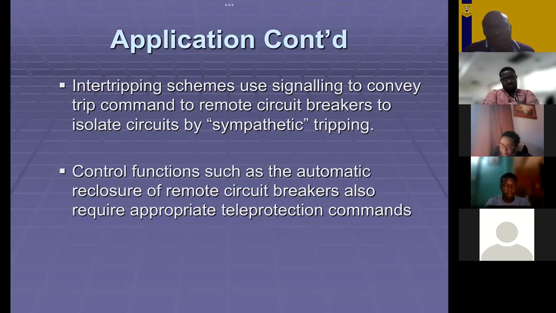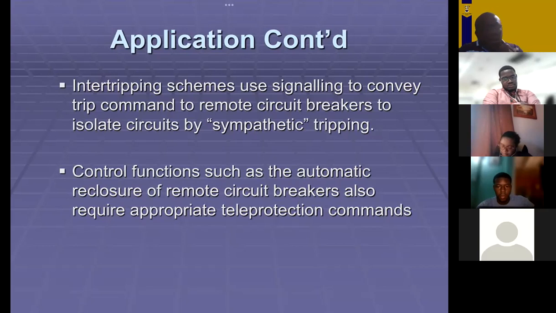All right. When we spoke about the zone 1 extension, one of the things we required was that it was used when you had no signaling available, or you had to remove your signaling, you would put that in place.